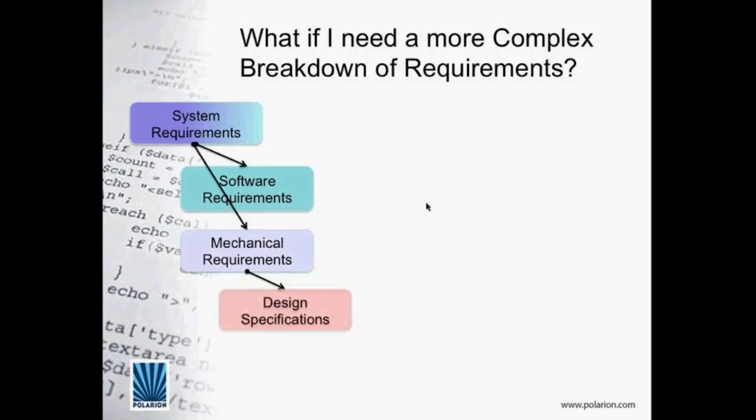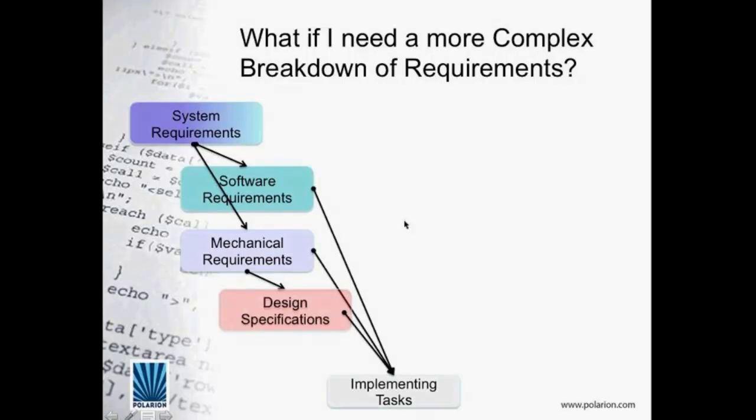Perhaps this design specification is for release to a contractor or a supplier who is being outsourced to provide a particular chip or a particular case or function within the total system. So now all four of these types of requirements might come together and have implementing tasks. And these implementing tasks are the work that the developers do to fulfill it.